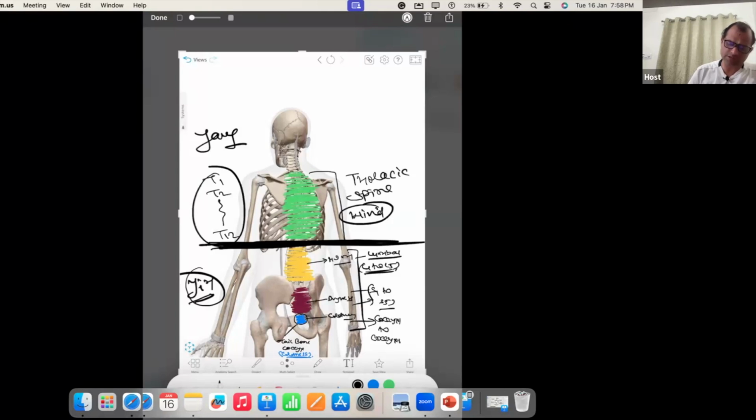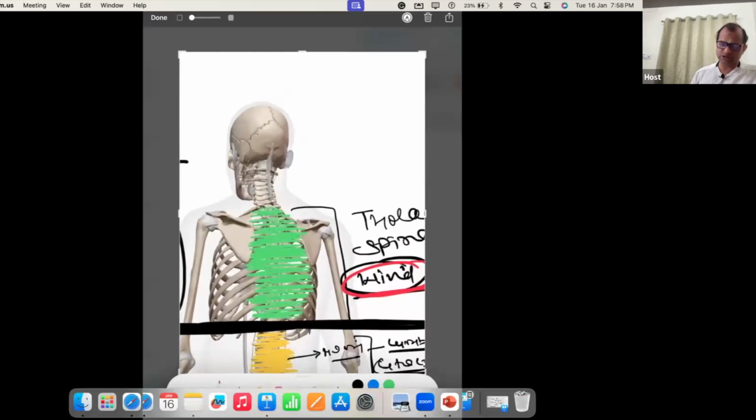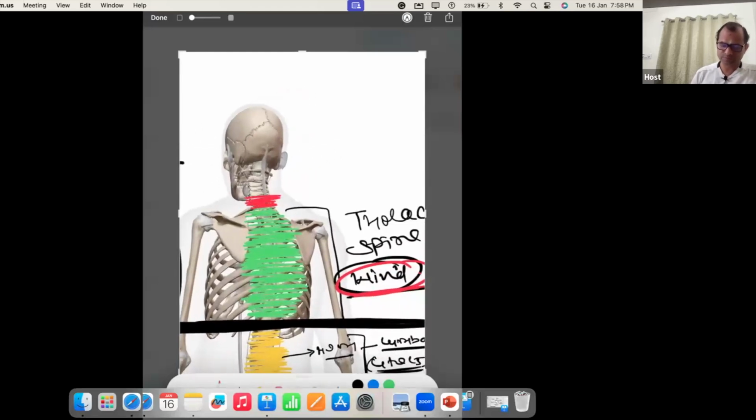All the thoracic vertebrae are coming under the wind energy. Because now we'll go to the up. So cervical spine will be heat, means C1 to C7. All the 7 vertebrae are coming under the heat.